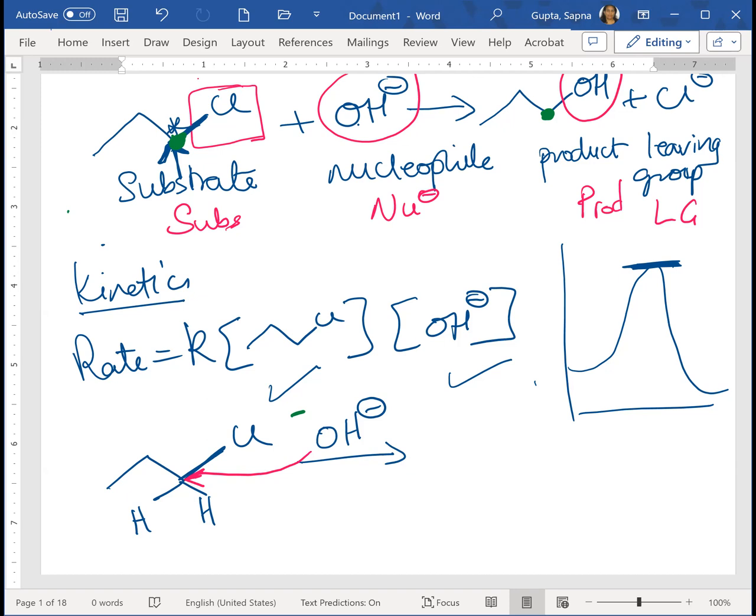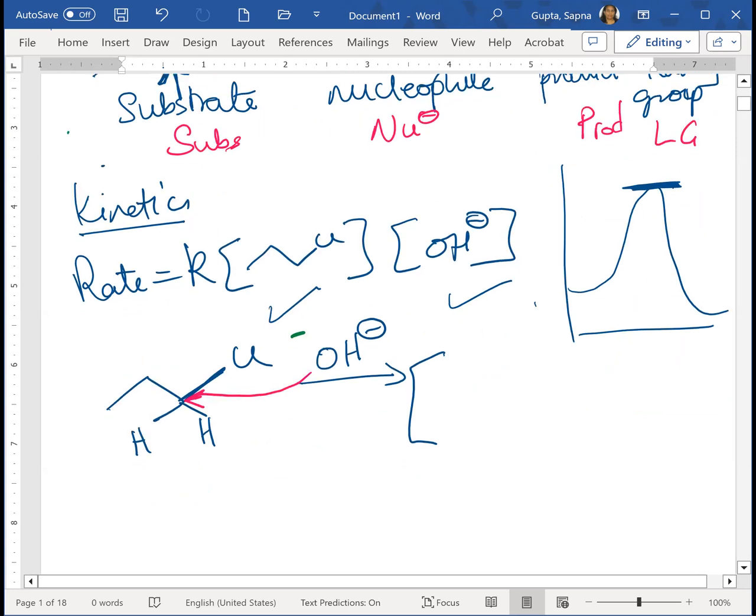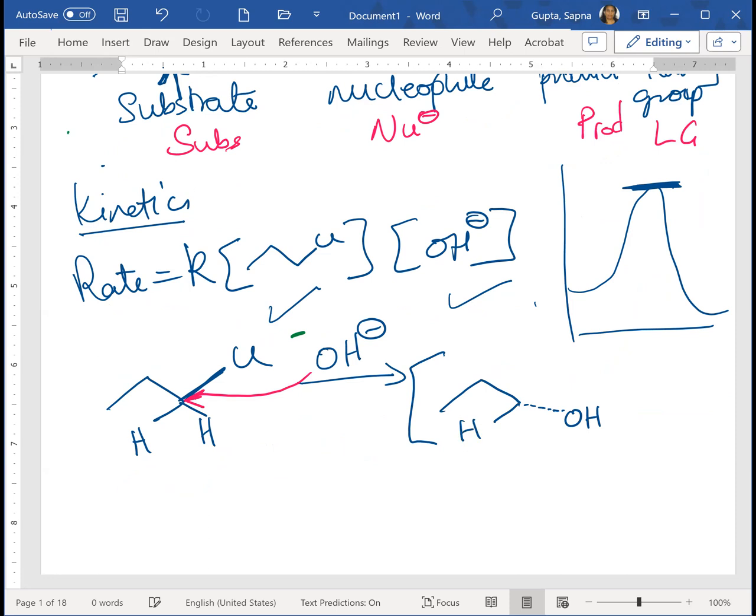So if hydroxide is attacking that carbon, this is just the start of the reaction. So what happens at the transition state now, because hydroxide is now forming a bond? Hydroxide is trying to form a bond. The hydrogens cannot move anywhere. Remember, the carbon-hydrogen bond is not the polar bond.